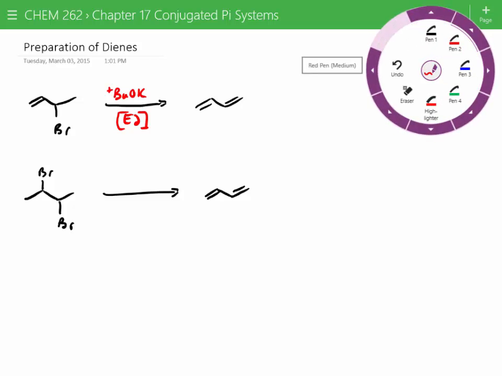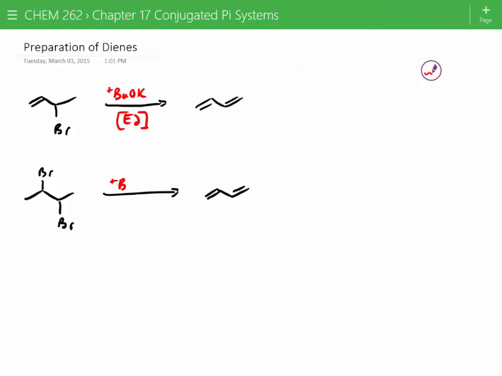So in this example, we can just take tert-butoxide, have excess because we need two equivalents of tert-butoxide, and we can get our double E2 product. So really, the simplest way to make these conjugated systems is just make them through elimination reactions.